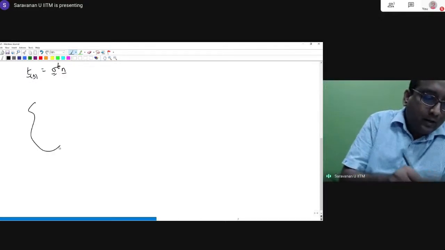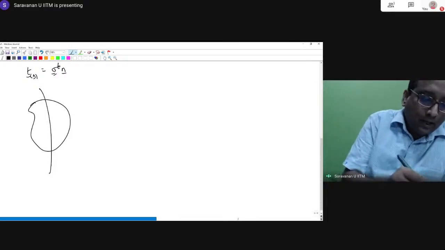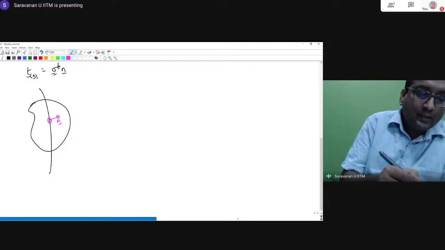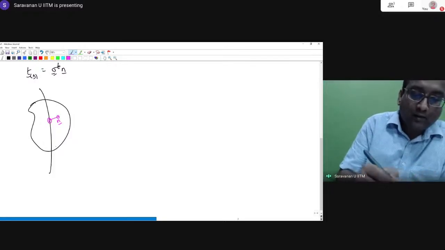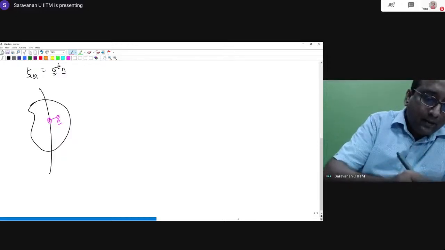So you have a body, say you cut the body like this. The normal to this cut surface is say n. Now at this point, I am interested in finding the distributed force acting over that cut surface. That may be denoted by a traction vector t of n.